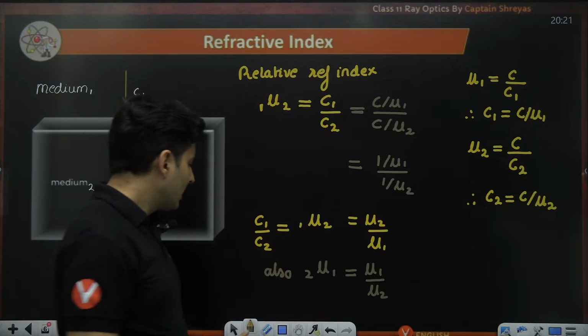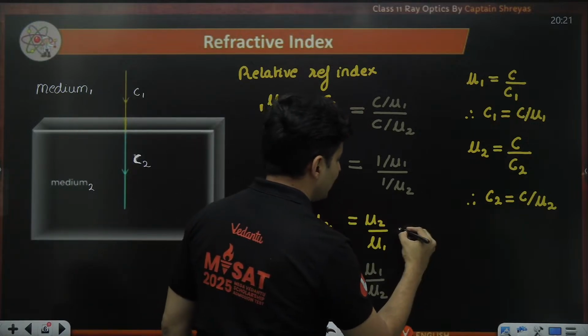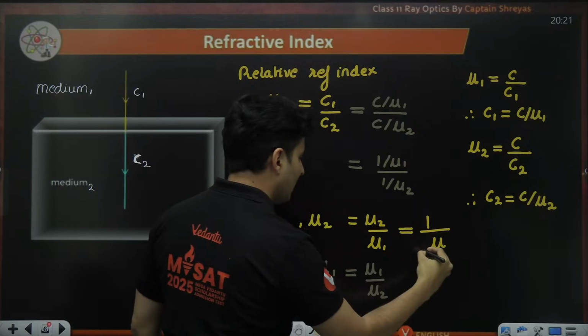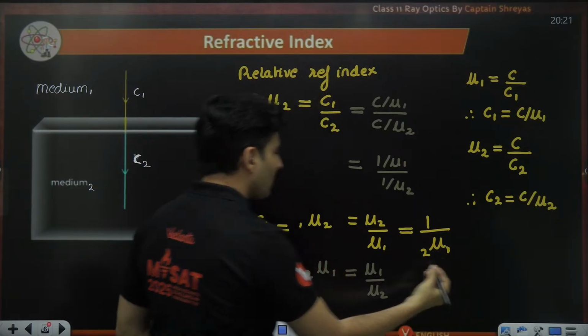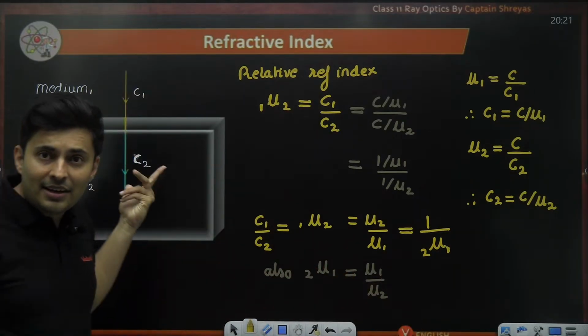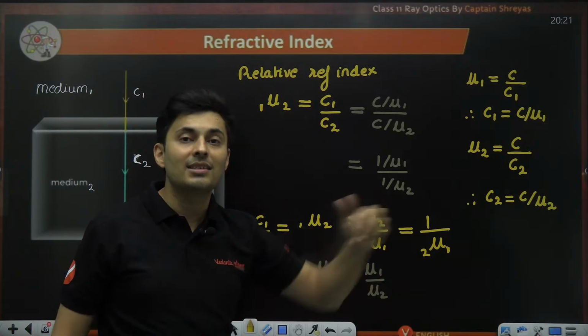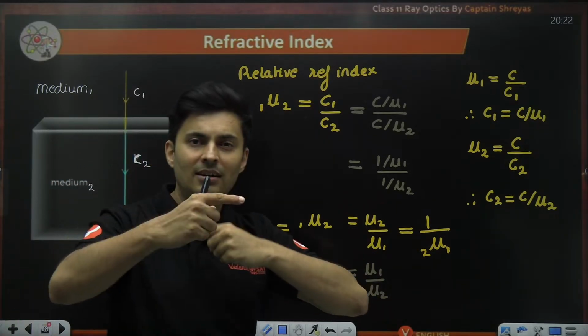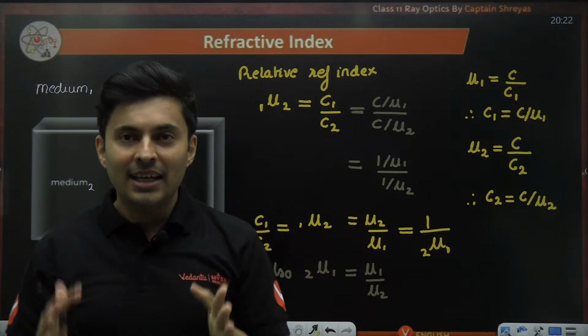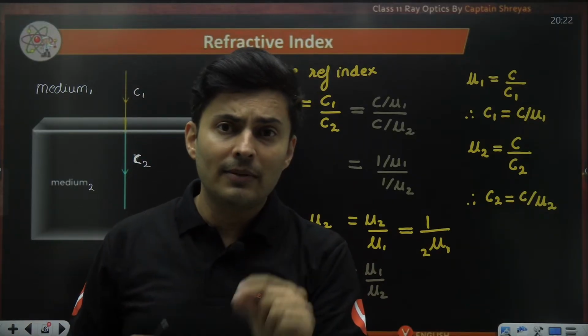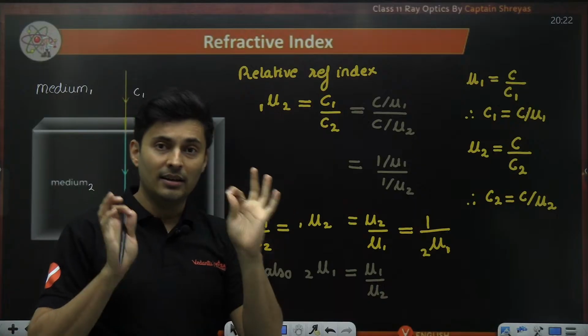So can I not extend this as 1 divided by 1 mu 2, which equals 2 mu 1? If I reverse the direction of the light, then the relative refractive index is just a simple reciprocal.